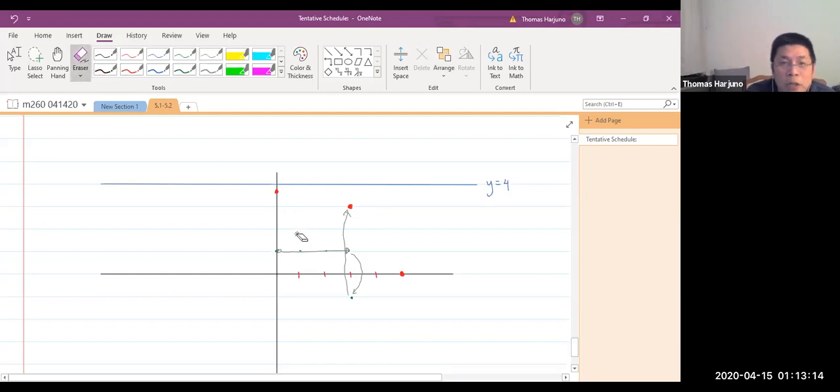Now, using the same idea for other coordinates, 1, 2: 3 units to the right, upside down, up 4. So it comes back here.